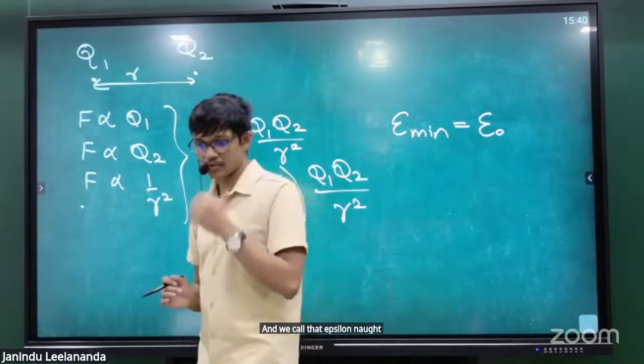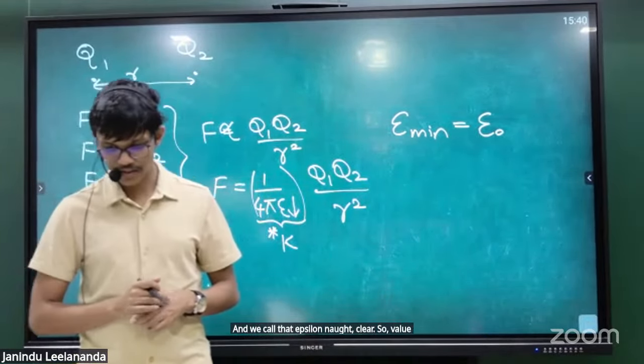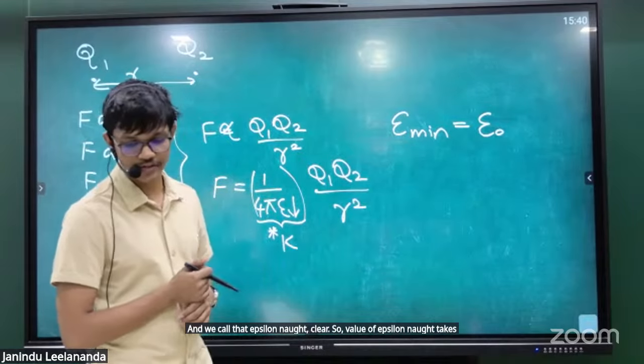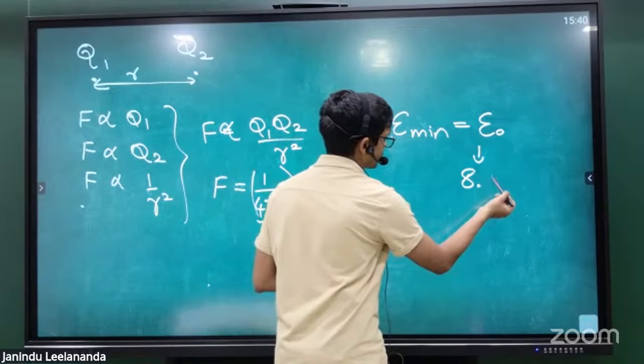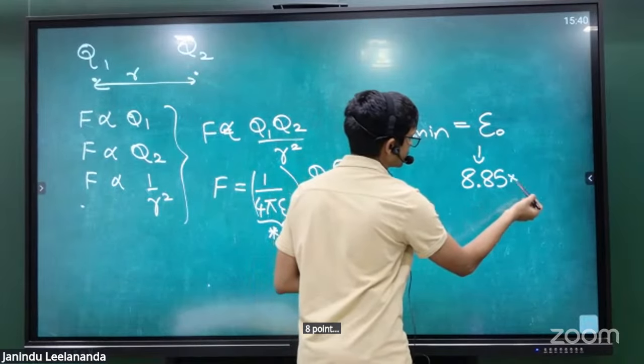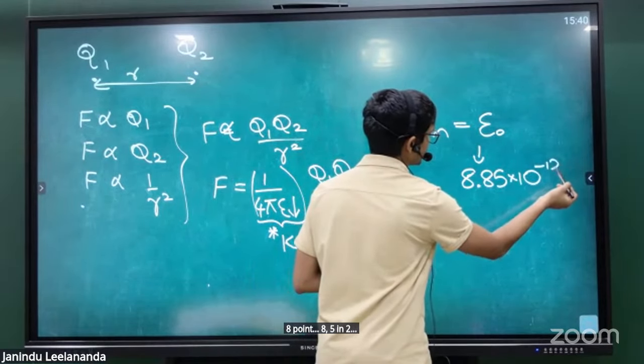So the value of epsilon naught is 8.85 into 10 to the power minus 12.